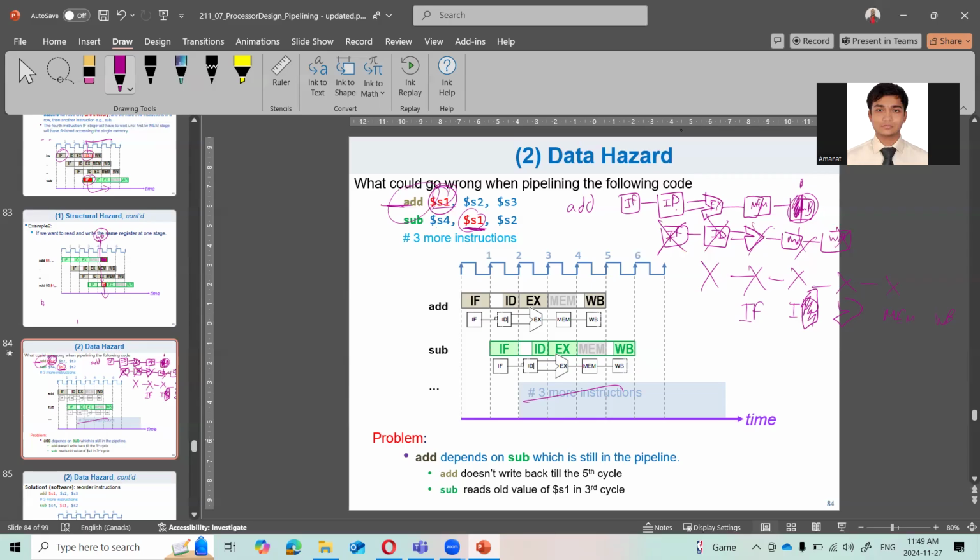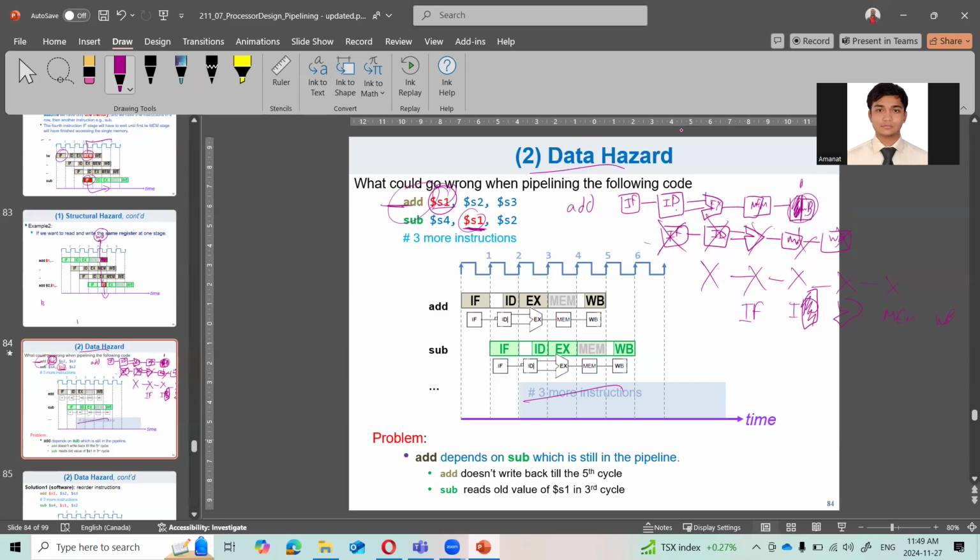So that's not the optimal solution. What's the optimal solution? How do we avoid this data hazard? The naive, bad solution is we wait for 2 clock cycles. We don't do anything, we just stop, and then you can run the second instruction.